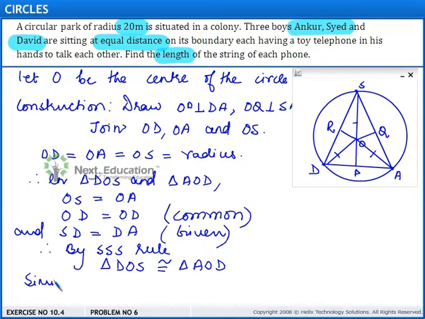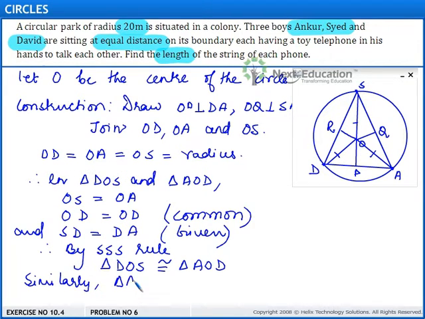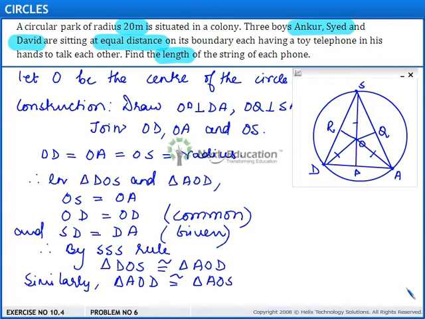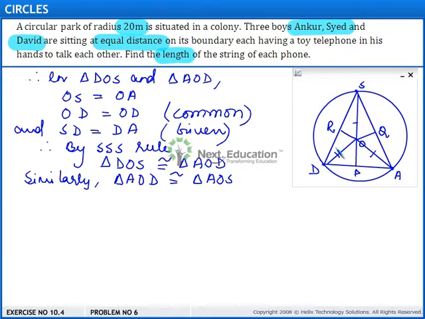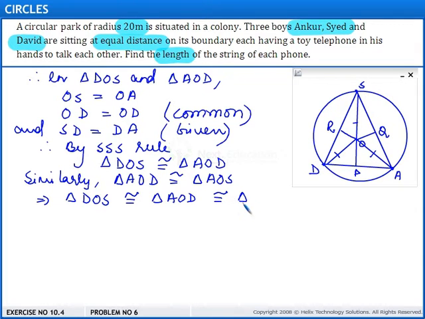Similarly, we can prove that triangle AOD is congruent to triangle AOS. Now, this implies that all the three triangles are congruent. That is, triangle DOS is congruent to triangle AOD and AOD is congruent to triangle AOS.